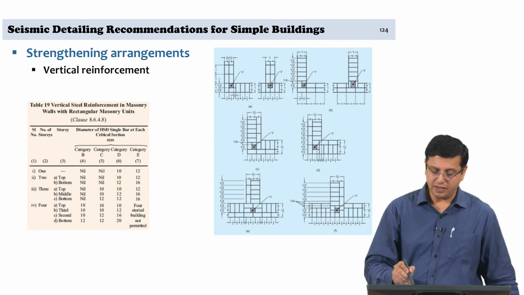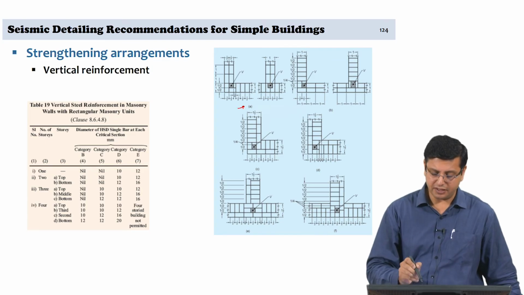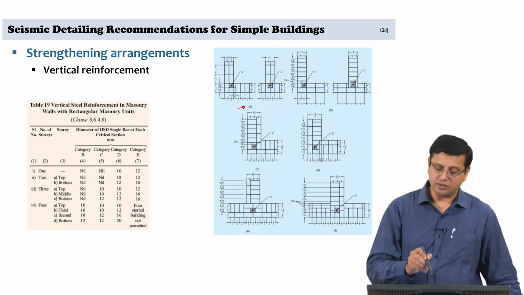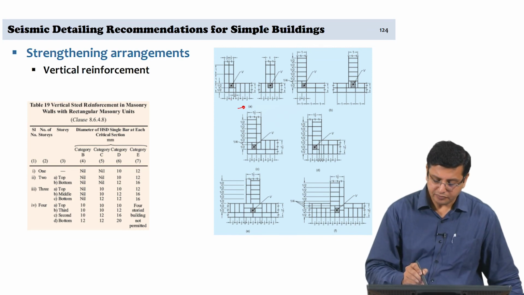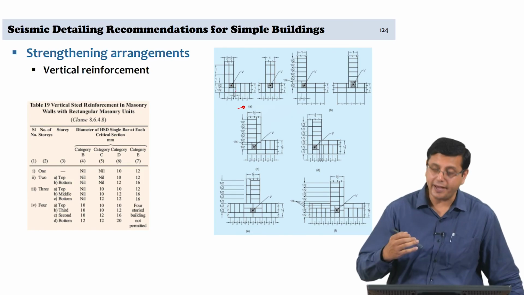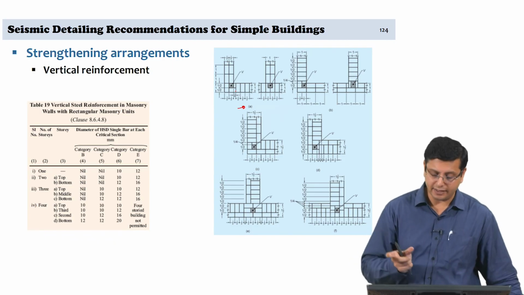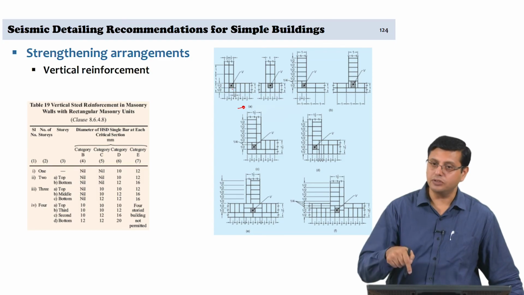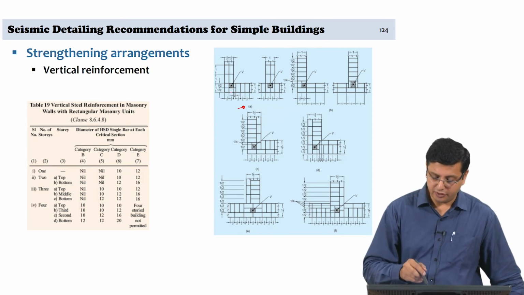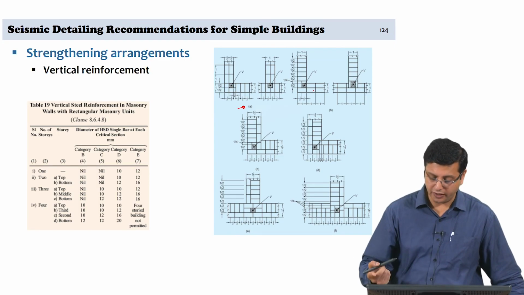And so, what you see for each case is the odd course and the even course. When you have a 1 brick thick wall, the prescription of how you have to break the brick such that you can create a cavity sufficient to place one vertical bar and grout the void is shown here, and then you have the alternate course.